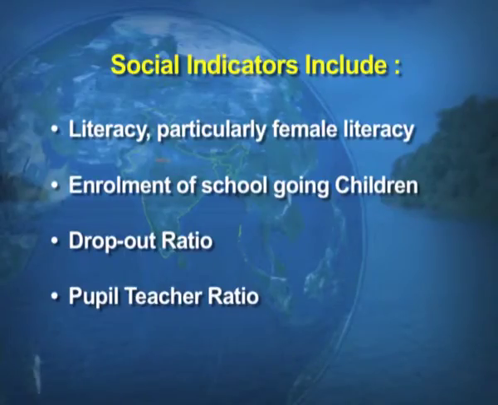And fourth, we talk about the pupil teacher ratio, because in our country the population is too much. We always say that India is the second largest country in the world as far as population is concerned.